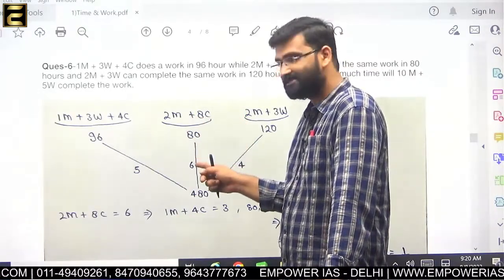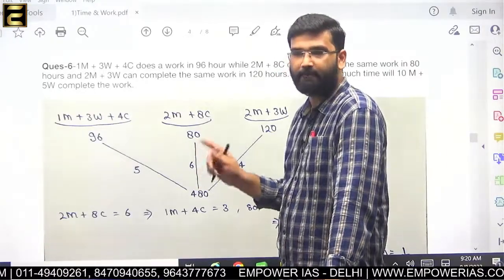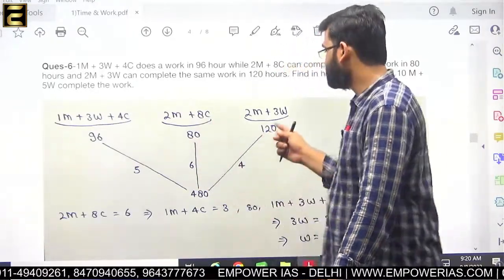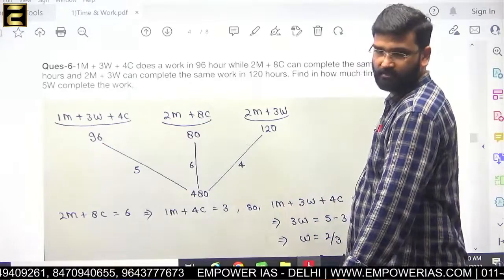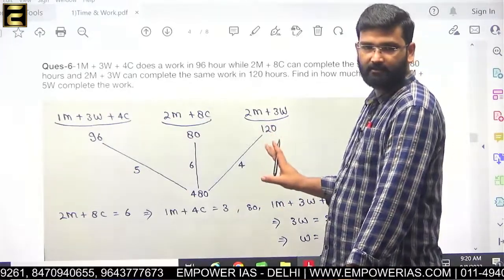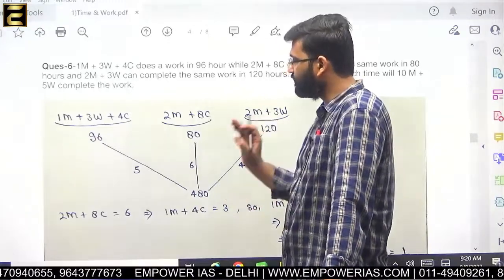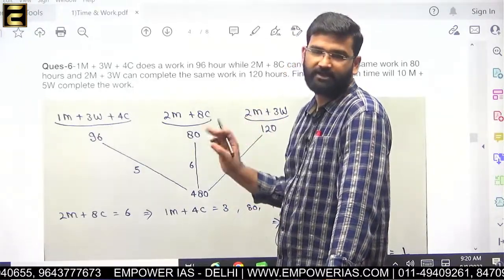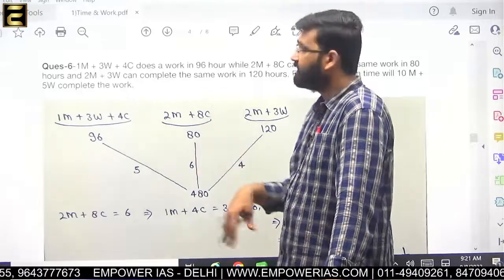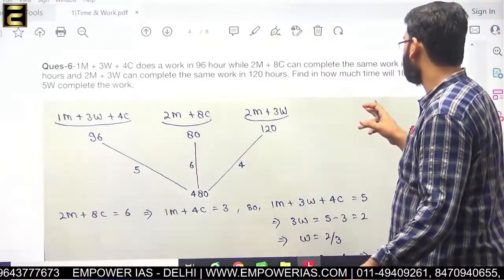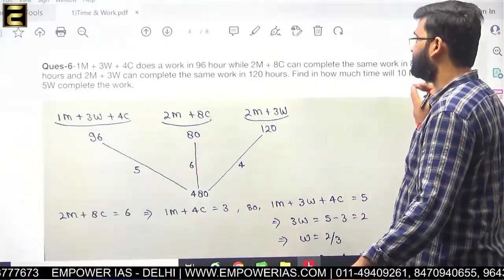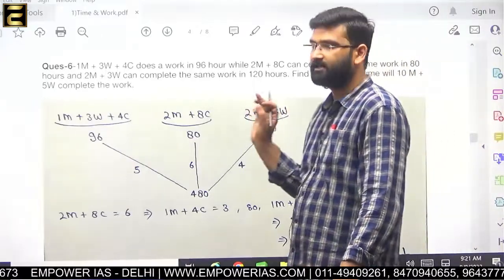So here 6 is 6 units of work per hour. Here the efficiency of this group will be 4. Up to this level it is clear. Now see, as I already told you, if you have drawn this diagram, then the question becomes very easy. Okay? So what is the question asking? Find in how much time 10 men and 5 women can complete the work.